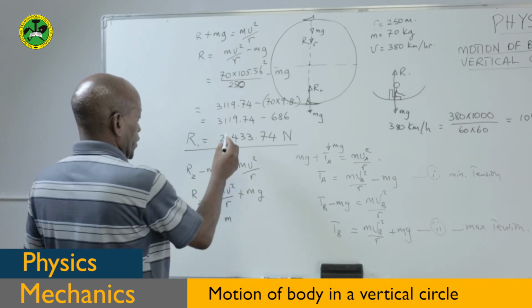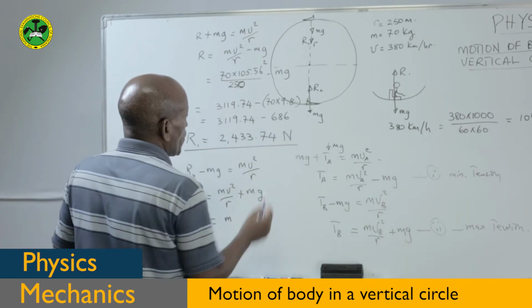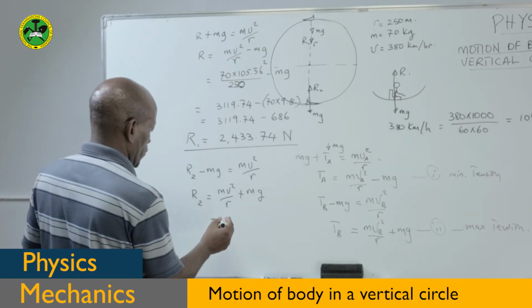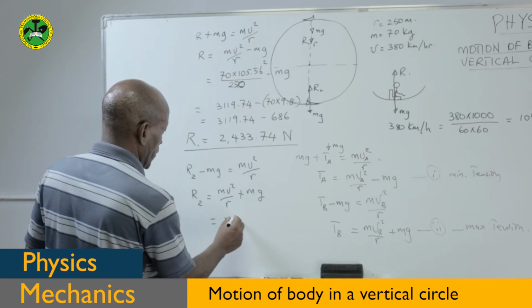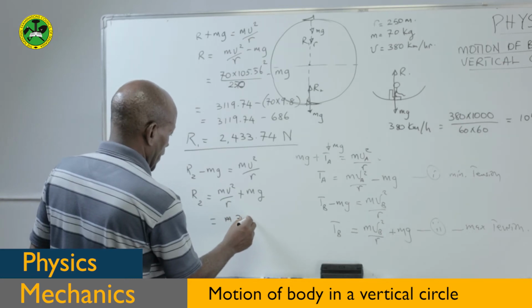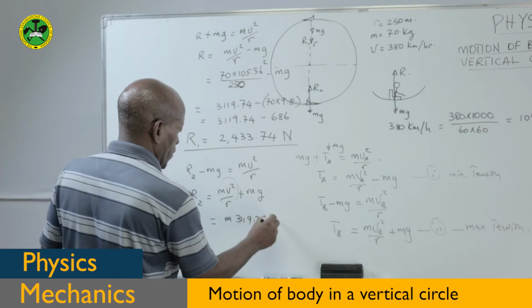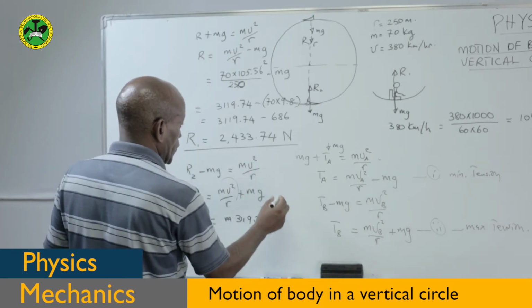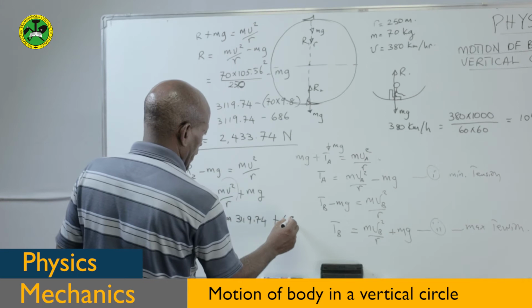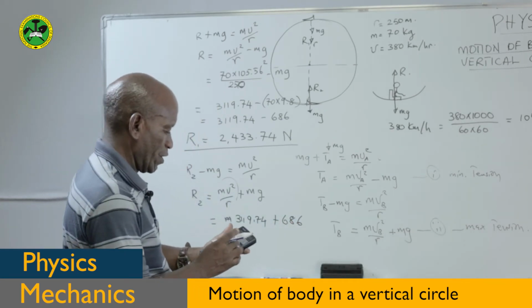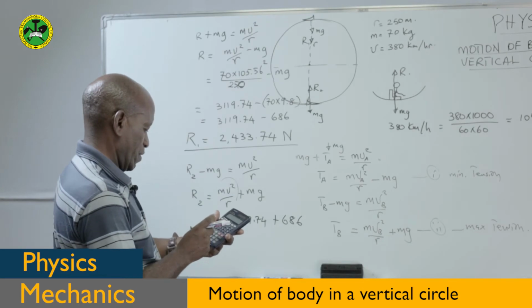So we are going to have 3119.74 for this value, plus mg, which is 686.